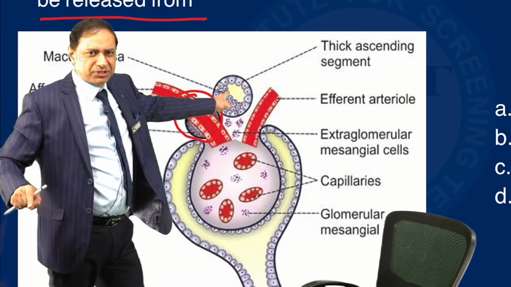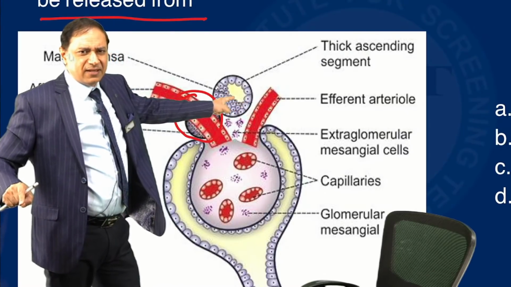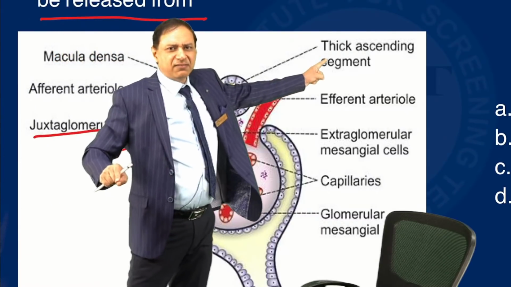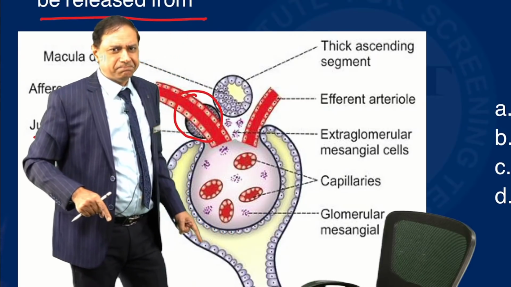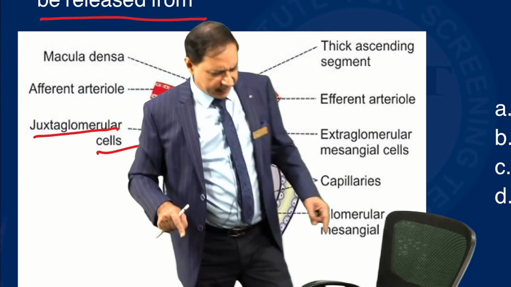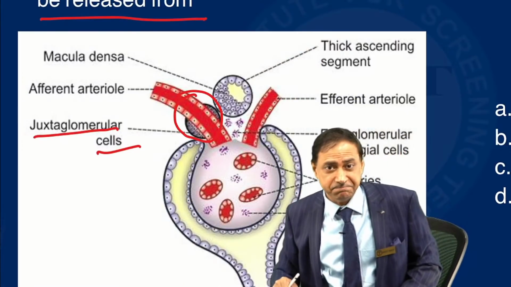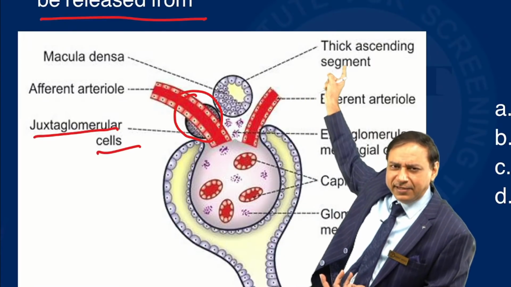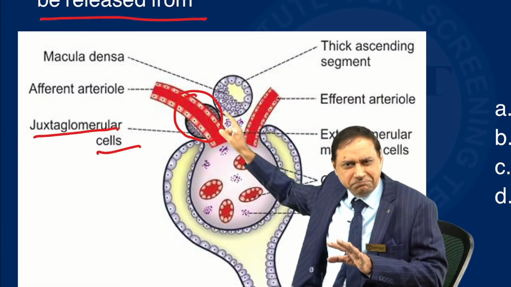And what is this portion? This is actually the junction of the thick ascending limb and DCT. Here it is written as thick ascending limb, but ideally it is the junction.